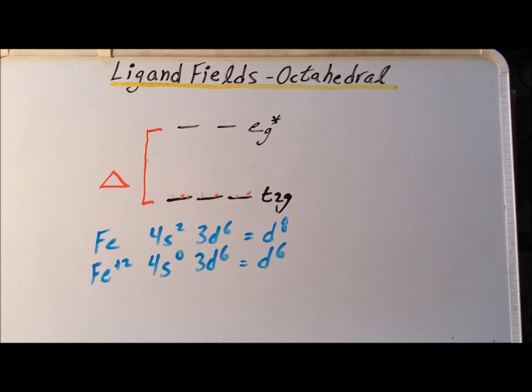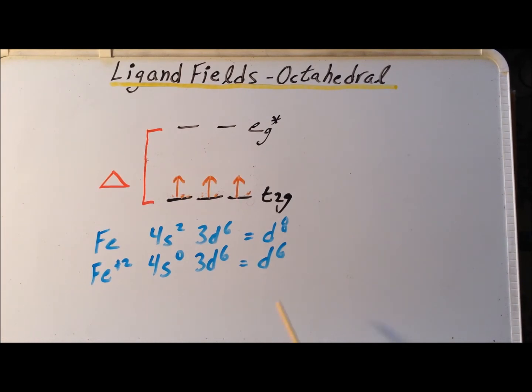Now let us look at the other case. Suppose now that our delta is relatively small. So therefore we have our iron 2 plus complex, but now because of the ligands it is in a weak field. So now we would have what is called the high spin case. So I will draw the diagram for the electrons for the high spin weak field case.